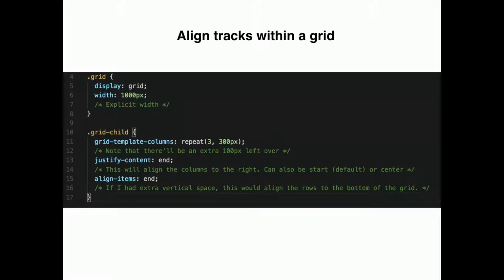Does that 100 pixels go on the left, on the right, or in the middle? Use justify content here. You'll recognize justify content from Flexbox, but the values are a little different. You're not using flex-end, you're using end. And the same thing with align items. Align items goes vertical, justify content goes this way.